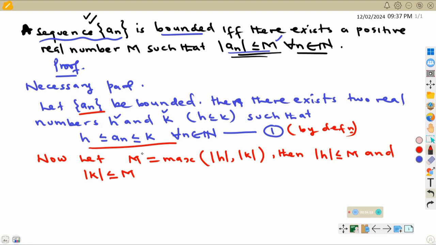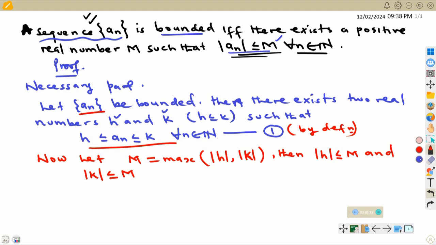Now, let m be the maximum of these real numbers. Since these are real numbers, they can be positive or negative, but let m be the maximum of the magnitudes, meaning we shall be considering the positive parts. So that is, m is the maximum of the magnitude of h and the magnitude of k.